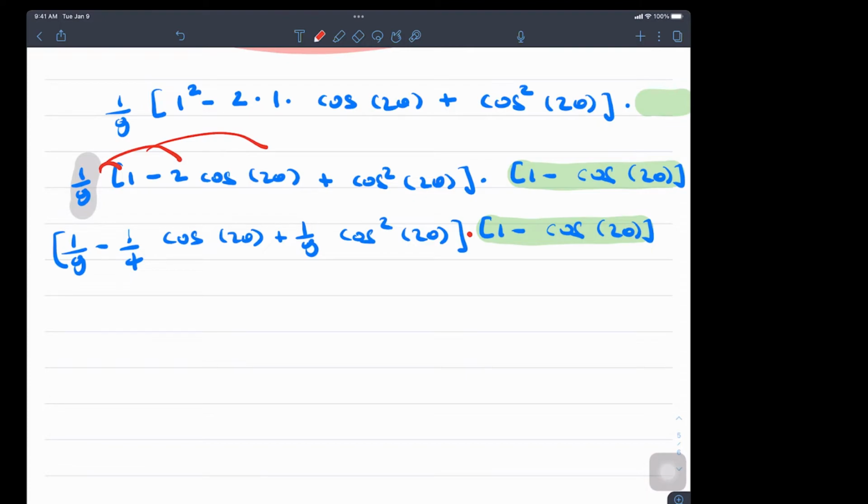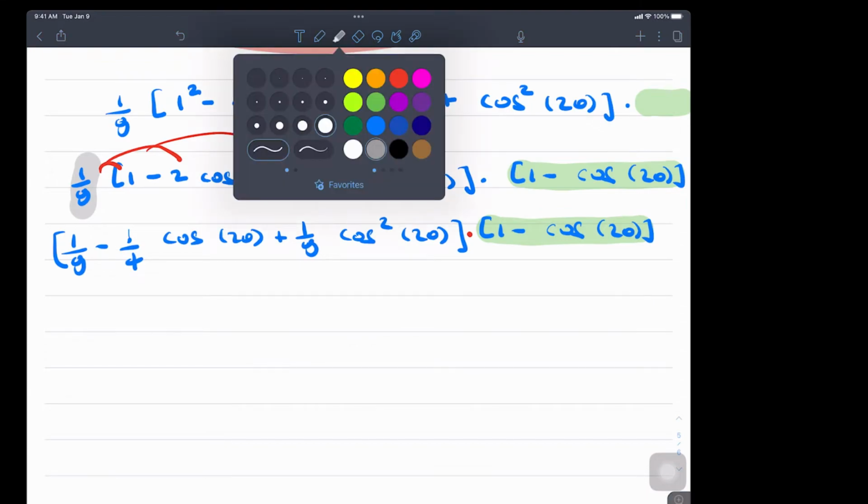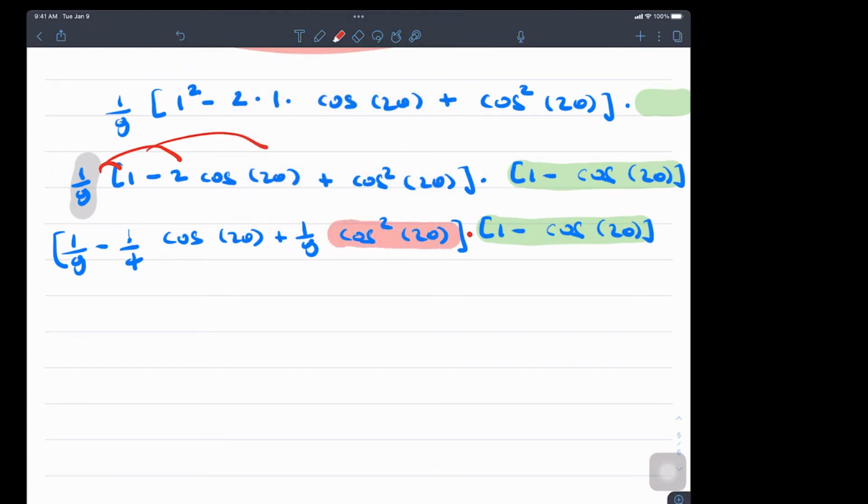There's a couple of things you can do here. You say, what could I do? You see this cosine squared double theta?